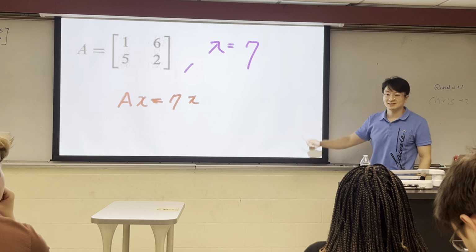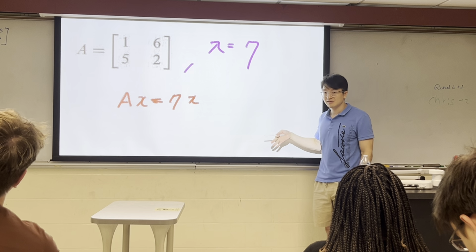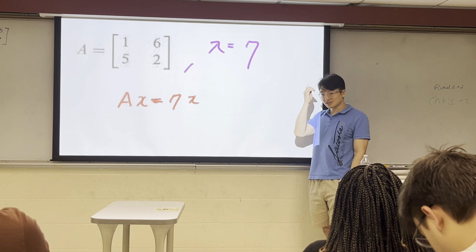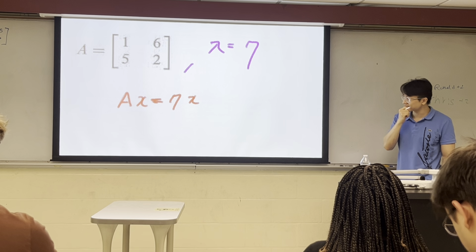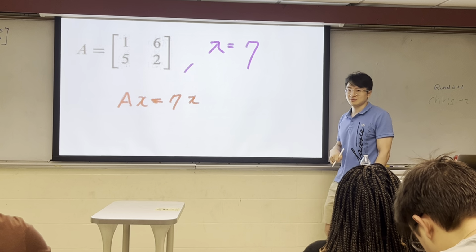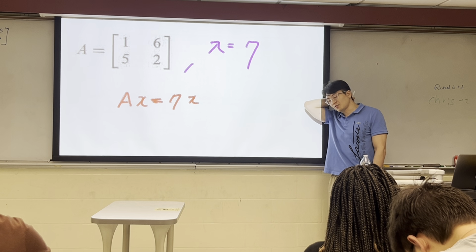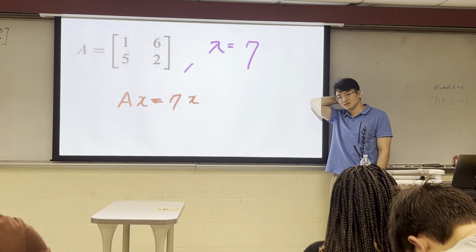I want to find X. Isn't it what we did in the example? Multiply each side by the inverse of A. Yeah, that's one way too. My hint is null space. What did we do to find null space?